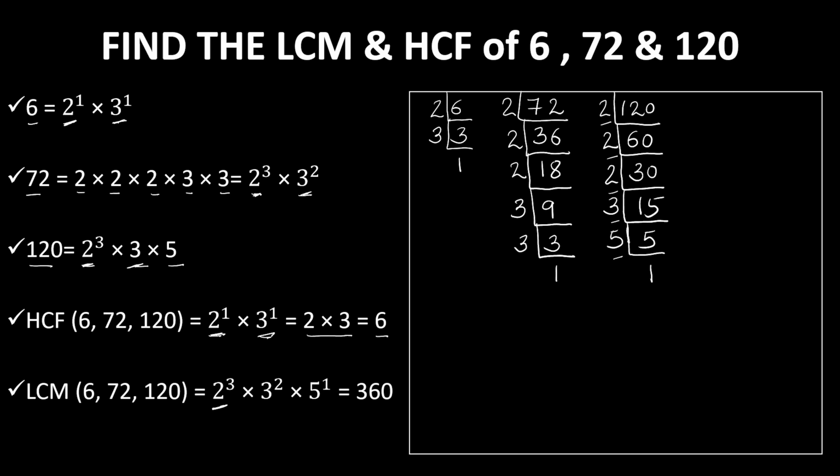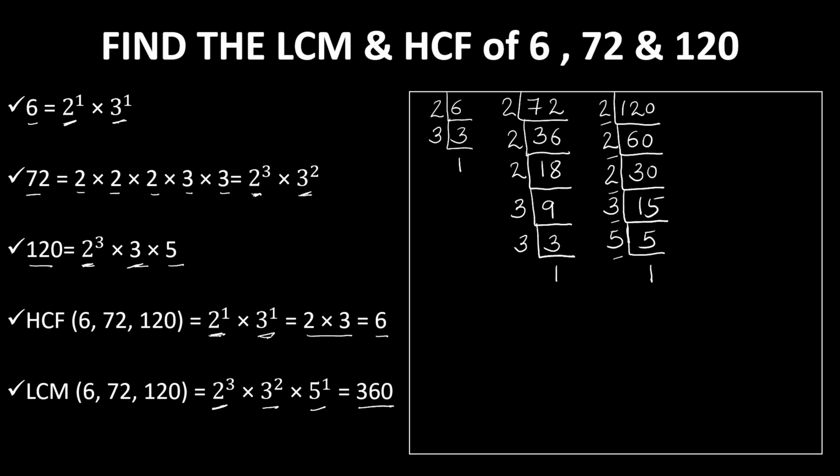Therefore, we will be writing 3 raised to 2. Now, for 5, it is 1, right? 5 is occurring only once in all the three numbers, so 5 has its highest power as 1. Therefore, we will be writing 2 raised to 3 into 3 raised to 2 into 5 raised to 1, which would be 360.